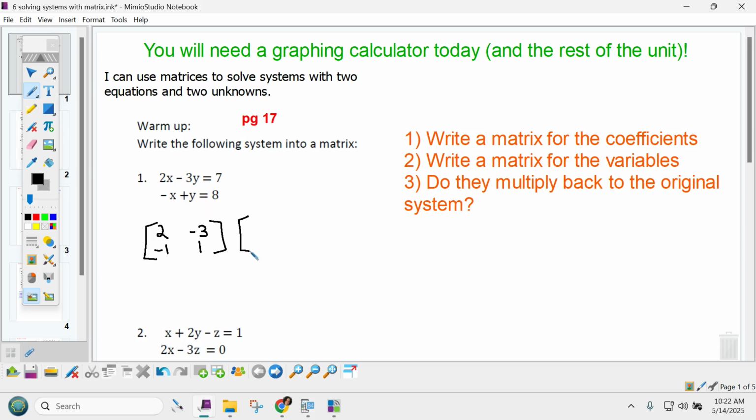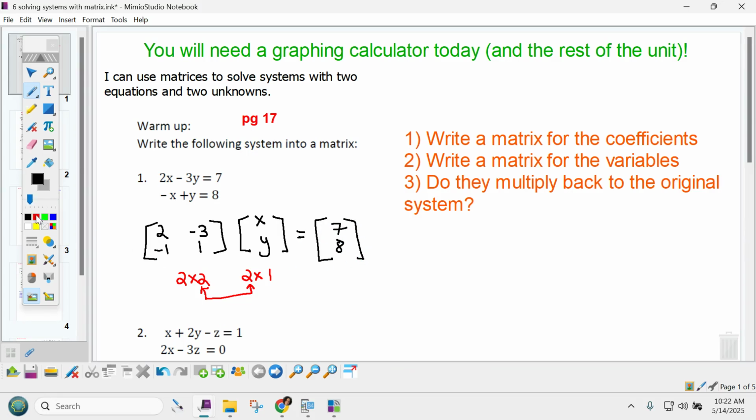Then we're going to do a matrix for the variables, but that has to be a 2 by 1 because for our dimensions for multiplication, I need this number of columns to match this number of rows. And then we're going to have the answers.